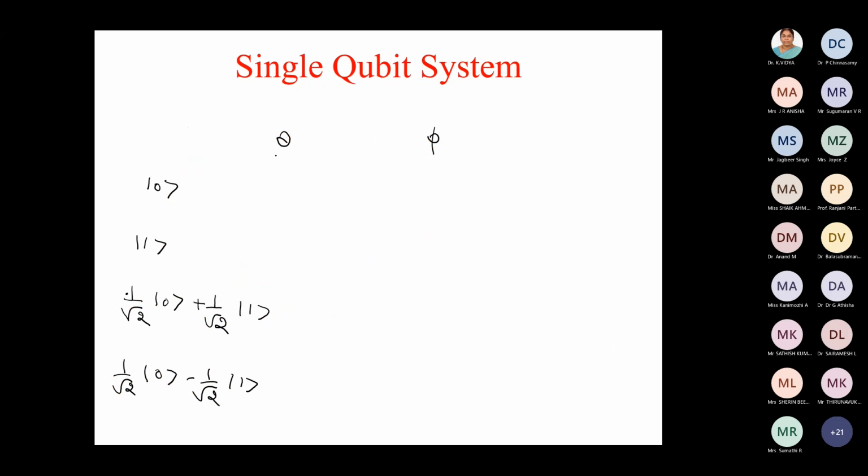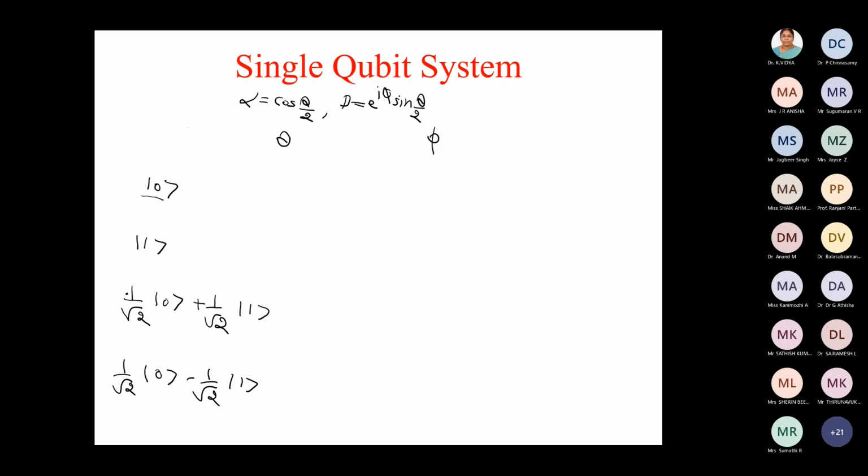So now if I ask you what is the theta and phi for these states? Can anyone tell? As you remember in the previous slide, alpha was what? Cos theta by 2. What was beta? E power i phi sin theta by 2.